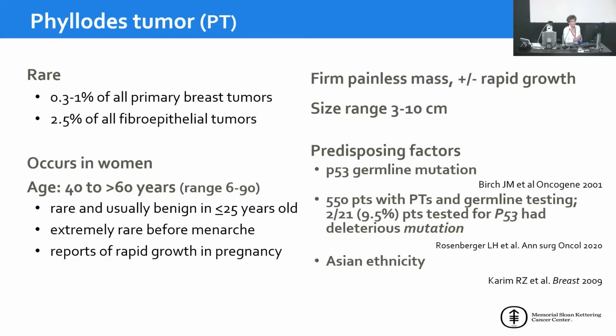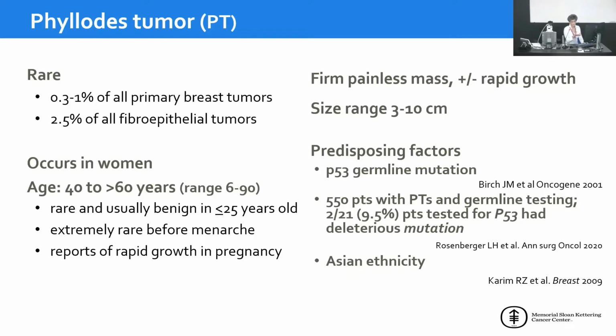There is a lot of interest in looking at the genetic alterations and the genetic predisposition of Phyllodes tumor. One thing that we know for sure is that Asian ethnicity predisposes to the development of Phyllodes tumor.